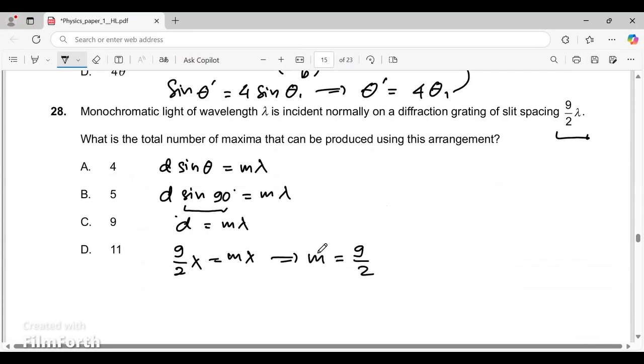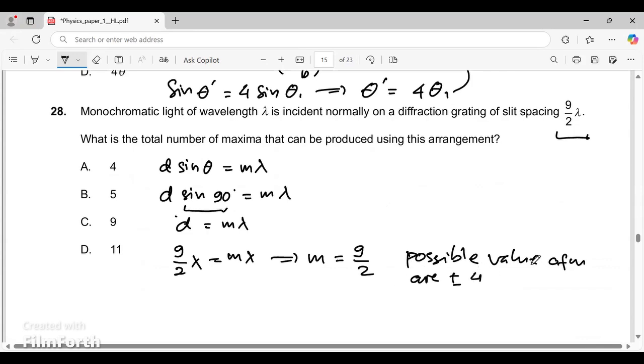Okay, m must be an integer. The maximum possible values of m are positive and negative 4.